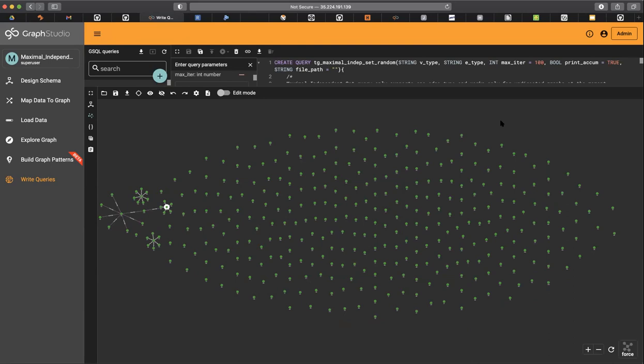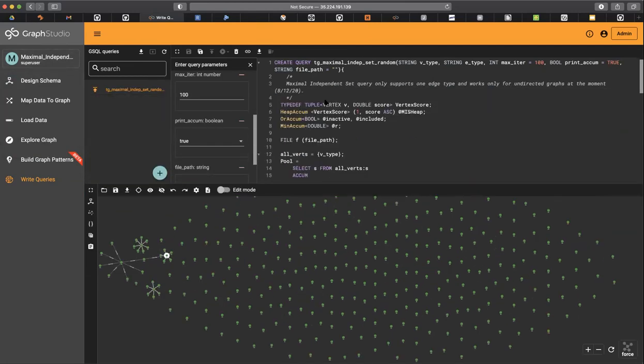So maximal independent set is a great way to optimize the accuracy or the quality of clustering in algorithms like Louvain. It also has more general applications for anything that has to do with task assignment, where you don't want adjacent things operating at the same time. So I hope that gives you some idea about maximal independent set.